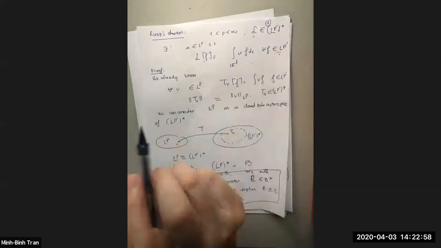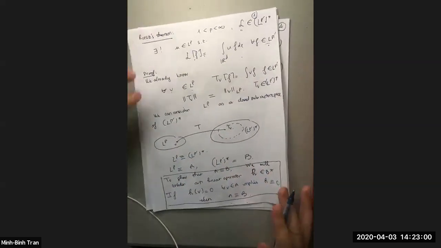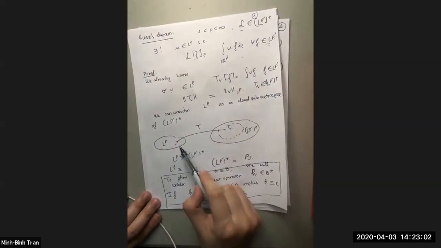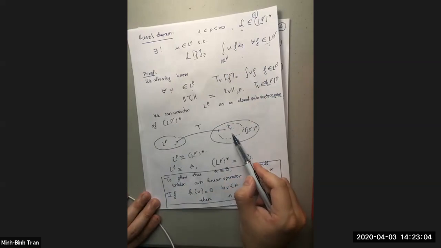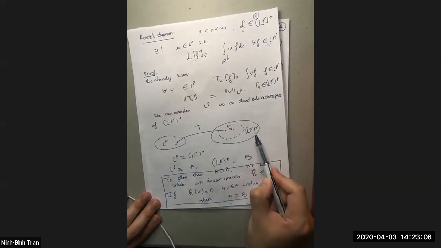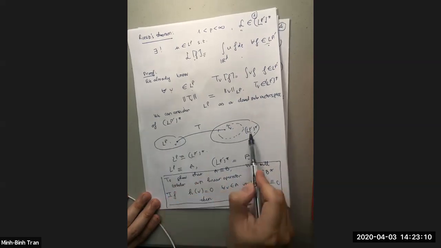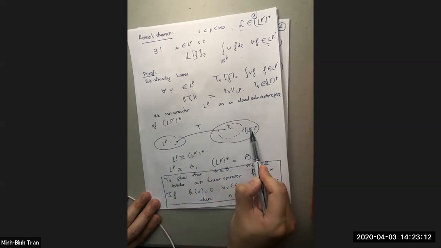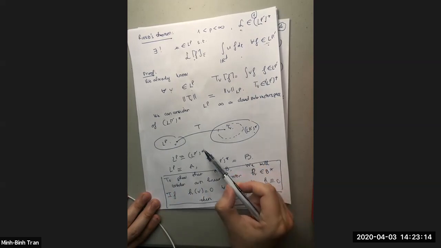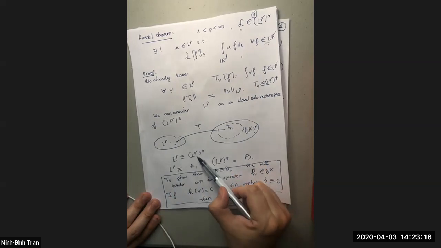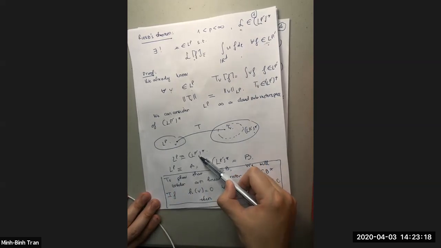So why is it? In the previous proof, we know that L^p is a closed subset of L^p' star, and we want to show that L^p and L^p' star have to be the same.